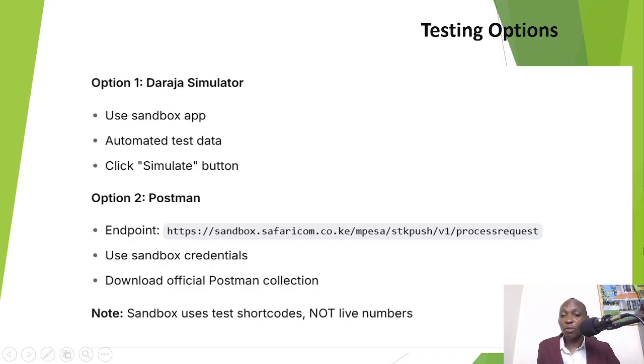This is the URL for STK Push. Use Sandbox credentials. You are provided with consumer key, secret, passkey. Use them. Download the official Postman collection if you want. Note, Sandbox uses a test shortcode, not real numbers. It uses test shortcodes. Don't use the real shortcode here in Sandbox.